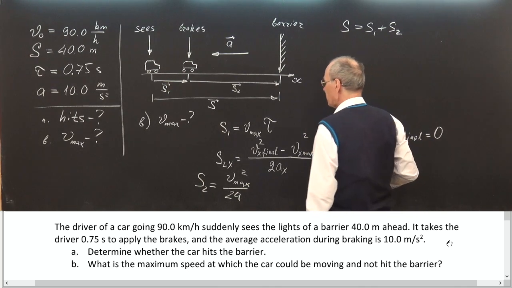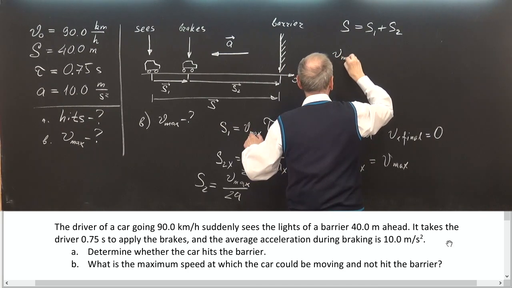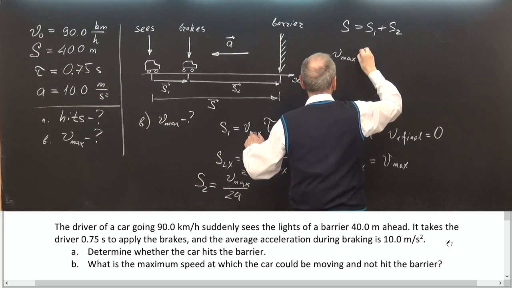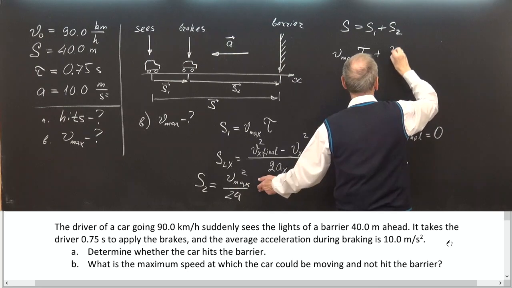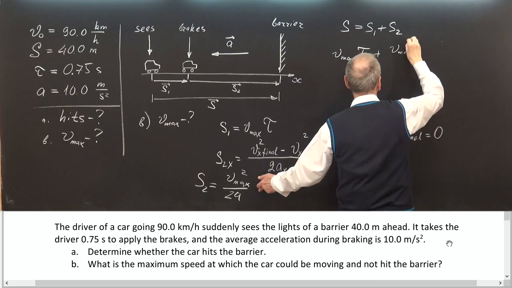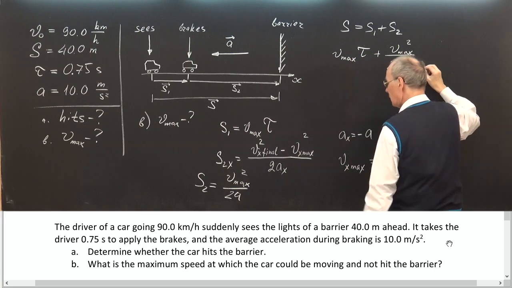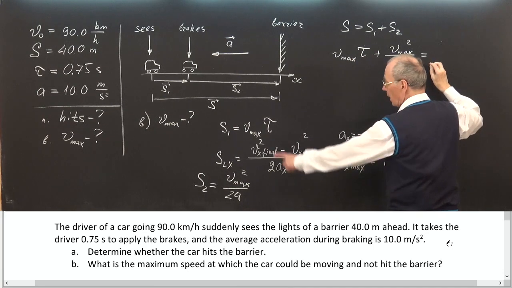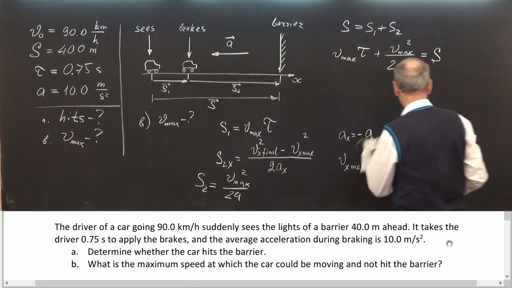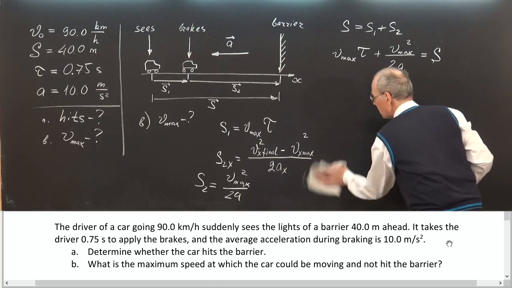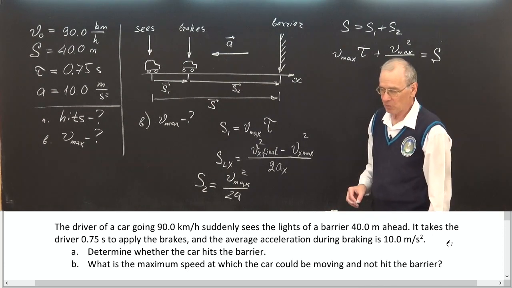So we can write: V maximum times tau plus V maximum squared over 2a gives S. The unknown is V maximum.